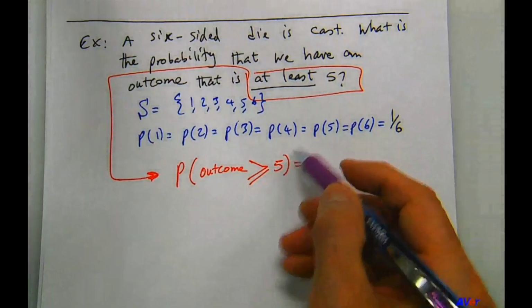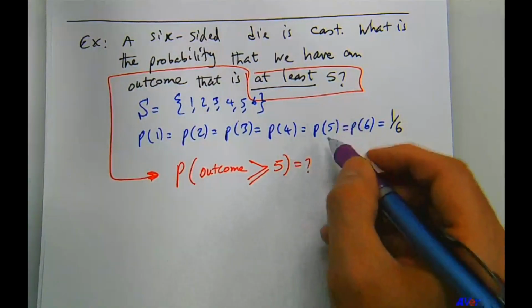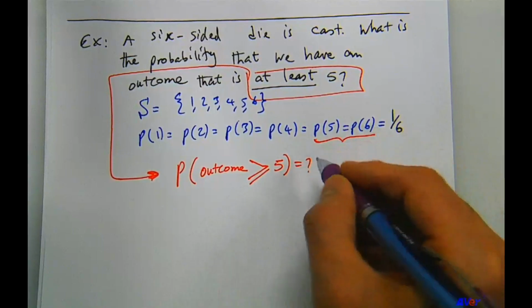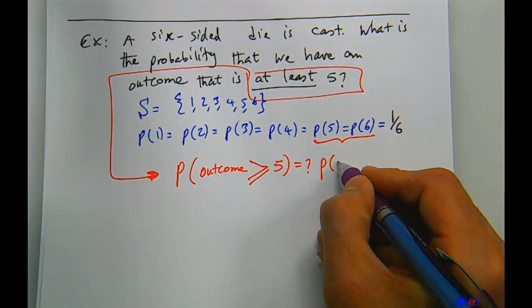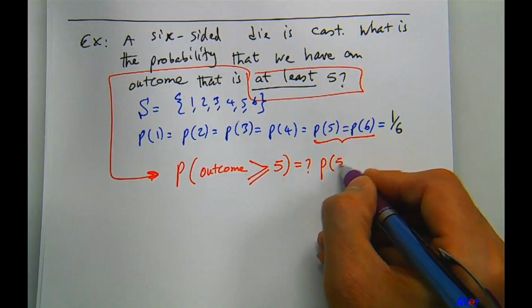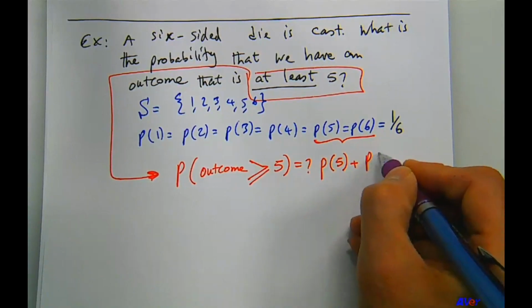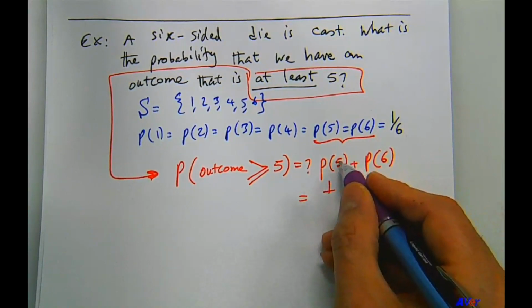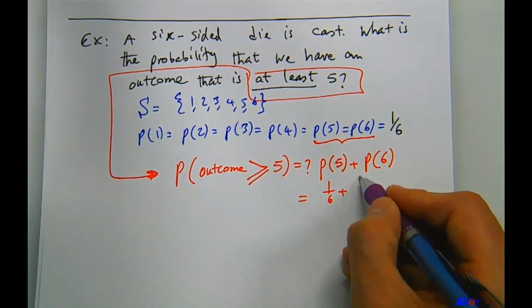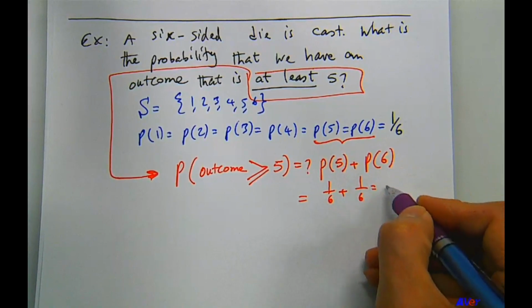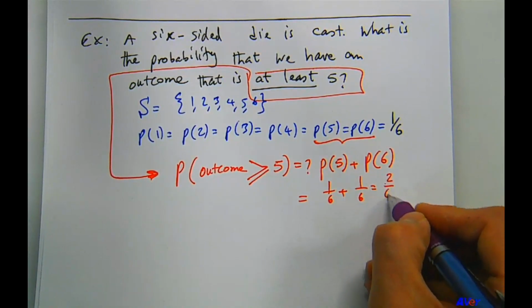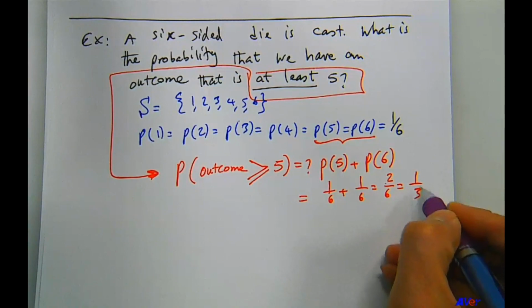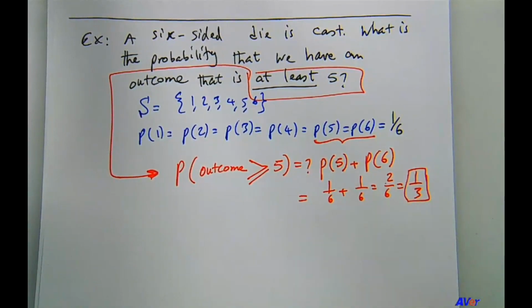That would mean these two events, right? So what is this equal to? Probability that the outcome is equal to 5 plus probability that the outcome is 6. So the probability of this outcome is 1 over 6. The probability of this outcome is 1 over 6. So we have 2 over 6 or 1 over 3 as the outcome.